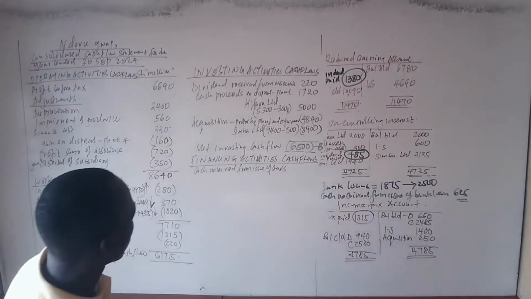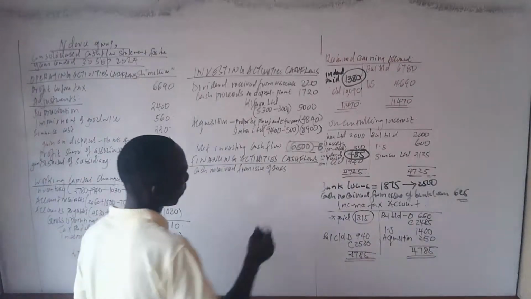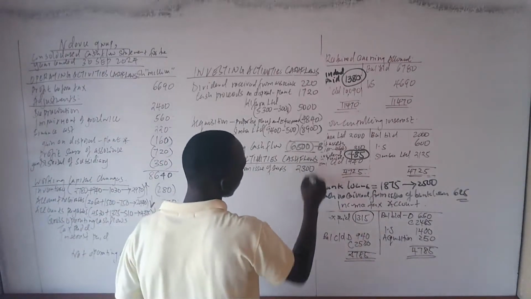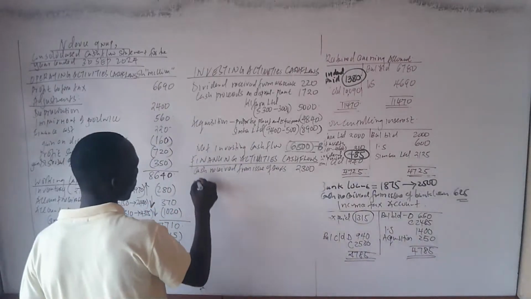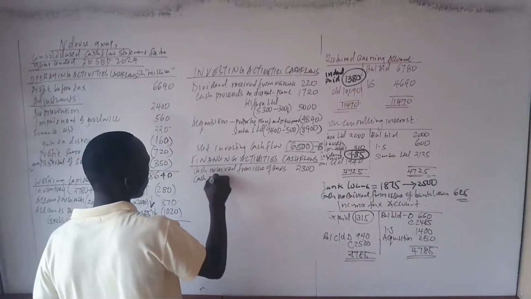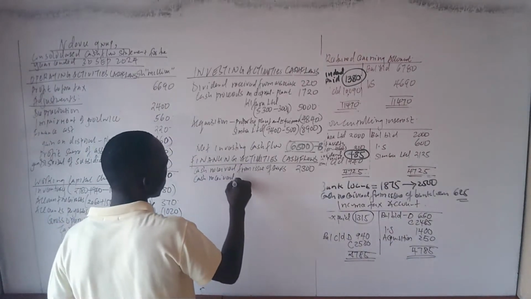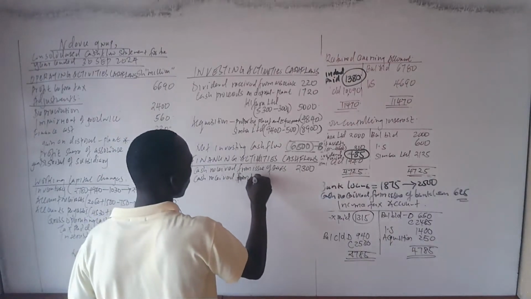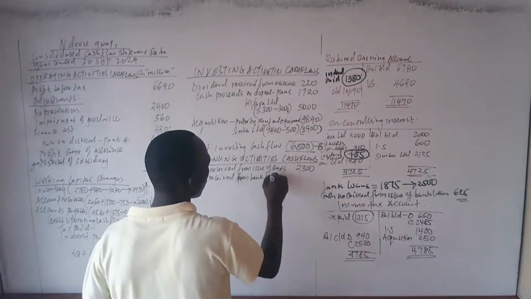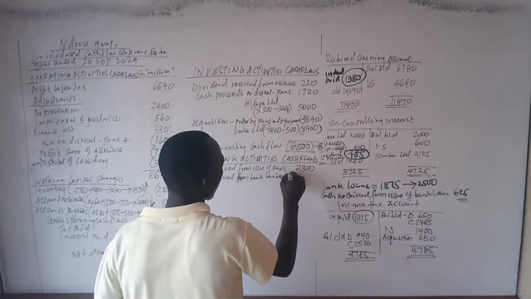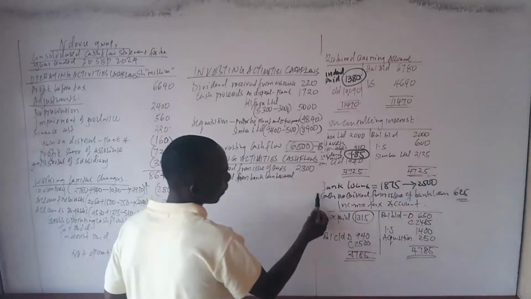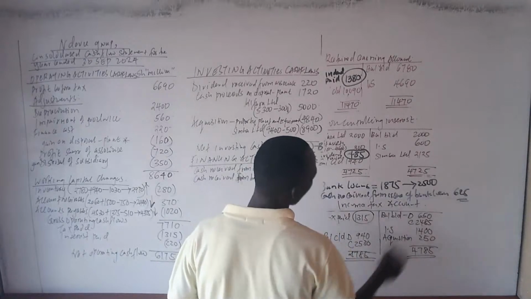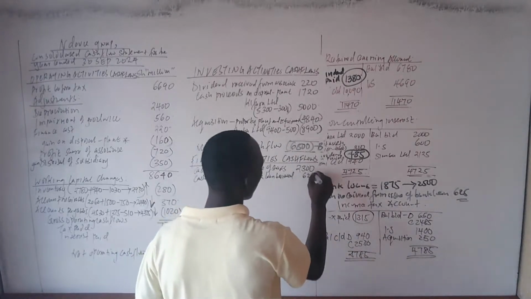Then the cash received from issue of shares was around 2,300. Then we had cash received from bank loan borrowed. How much was borrowed? 625.